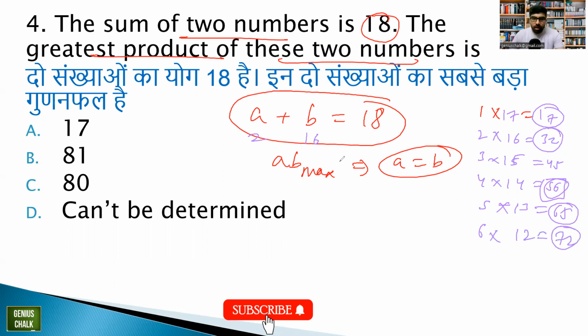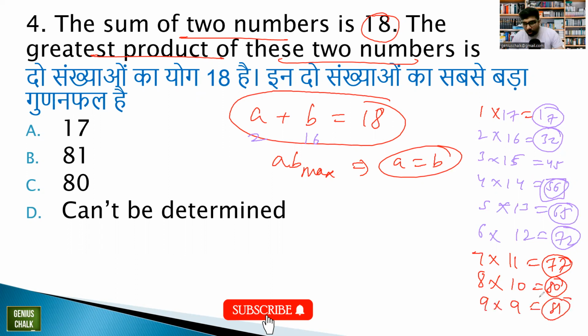Again, we are getting a higher value. 7 into 11, then it becomes 77. Go ahead, 8 into 10, that is 80. So we are on increasing mode. 9 into 9, it is 81. So this is the highest value.